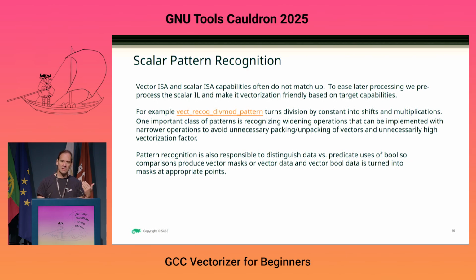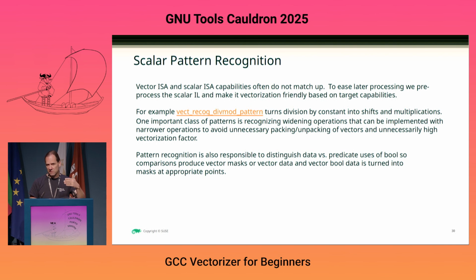So we basically construct a replacement sequence of scalar statements that we replace that unsupported scalar statement. So it's completely on the scalar side. And the idea was that then later the vectorizer just can vectorize these new scalar statements transparently, because it doesn't need to special case anything, as if it were the original scalar code. So that's what scalar pattern recognition does.